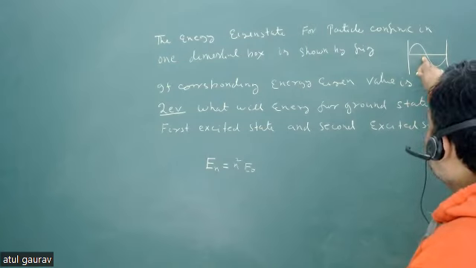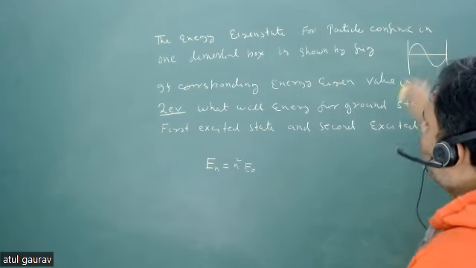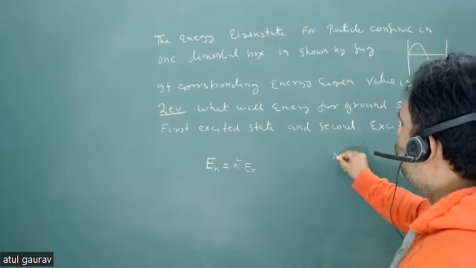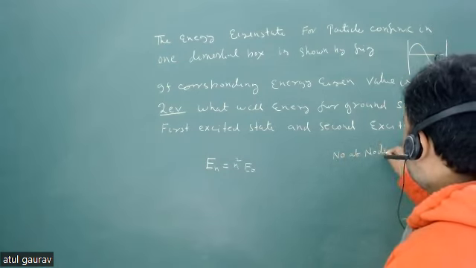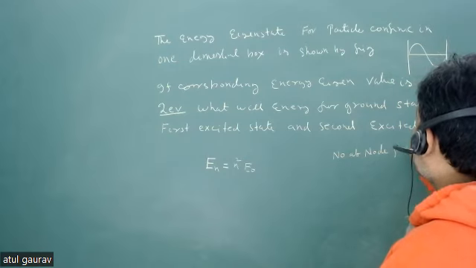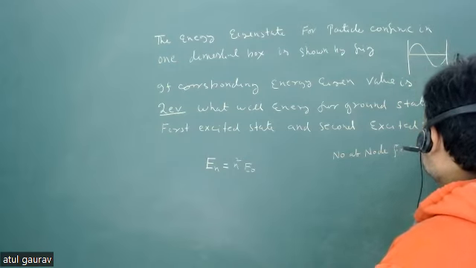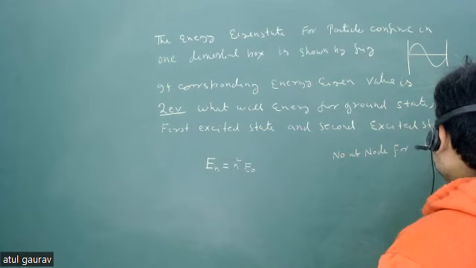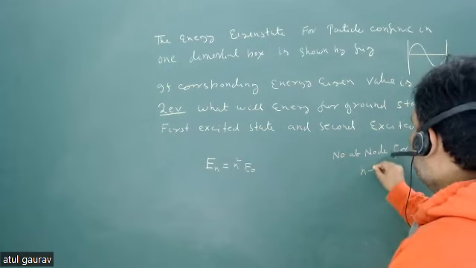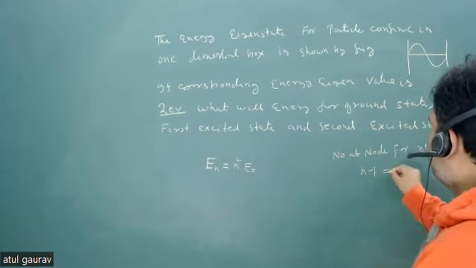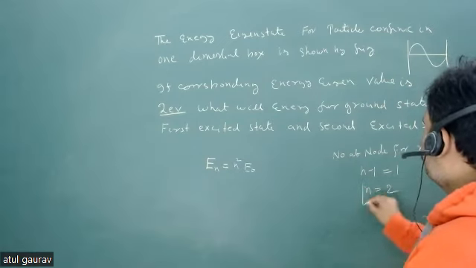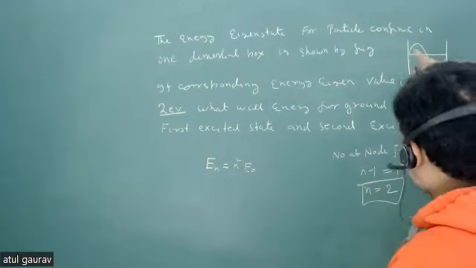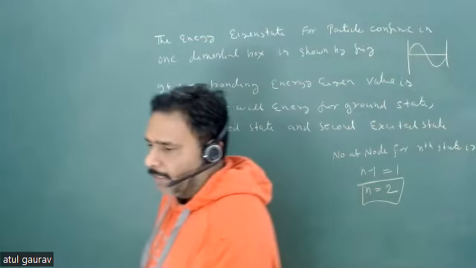So if there is only 1 node, what is n? The number of nodes for the nth state is n minus 1, so n minus 1 is equal to 1. So what is the value of n? It is 2.